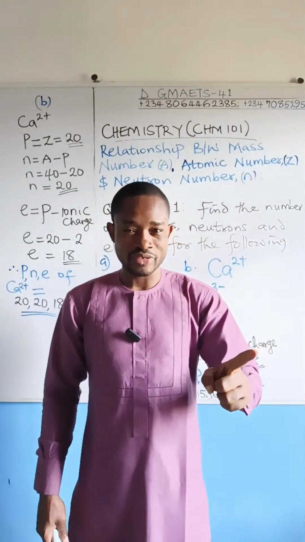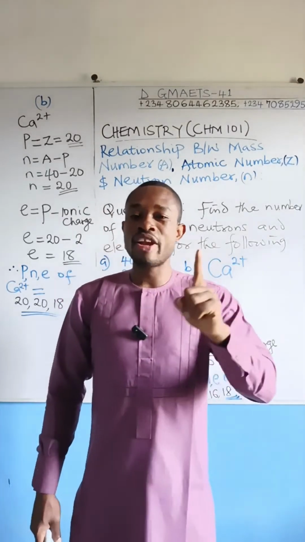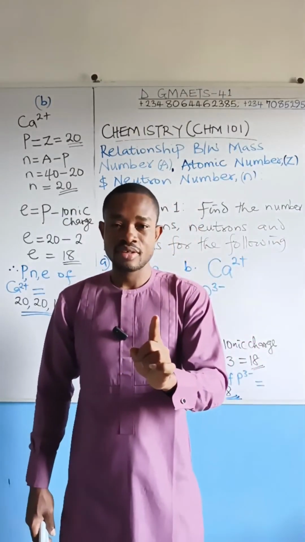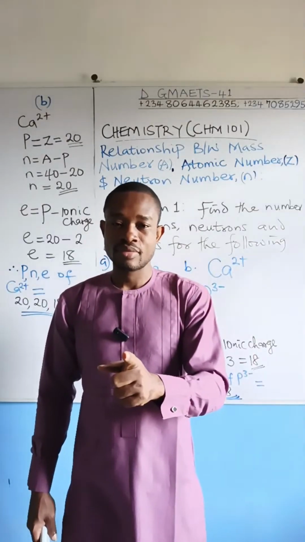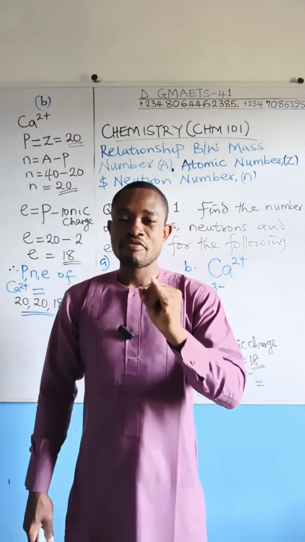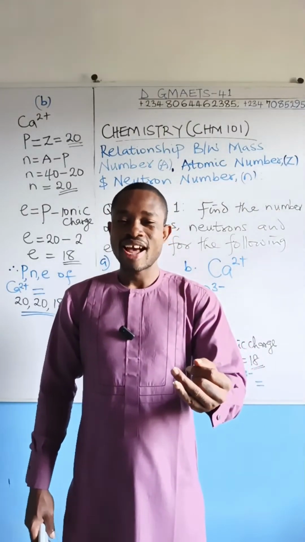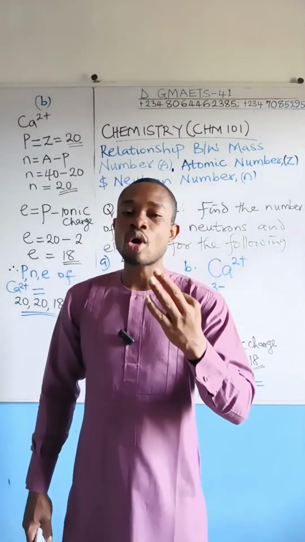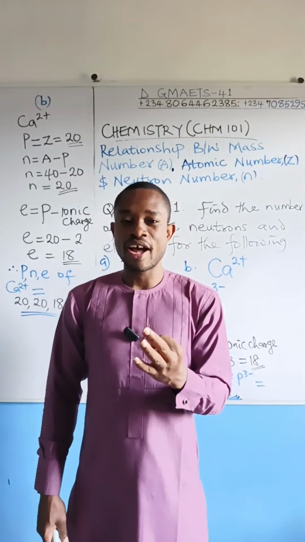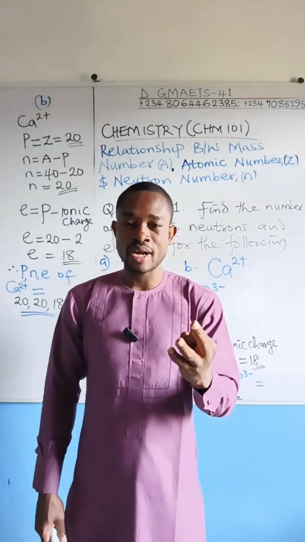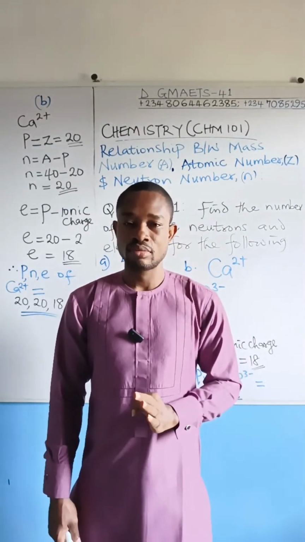I hope you've written that down. If the number of electrons is 13, find the proton, neutron, and atomic number of X.